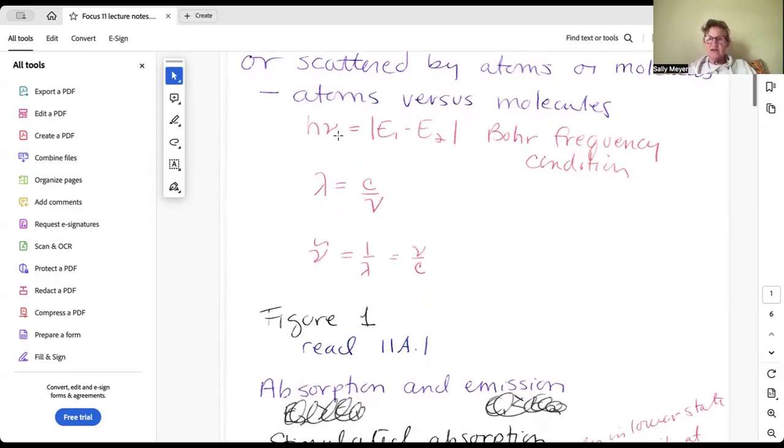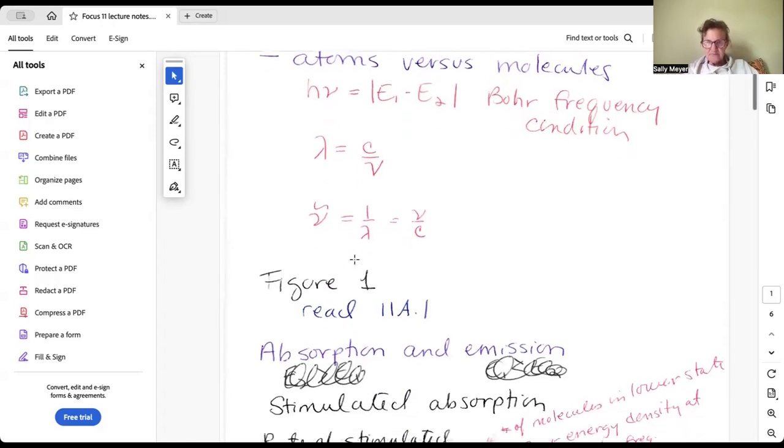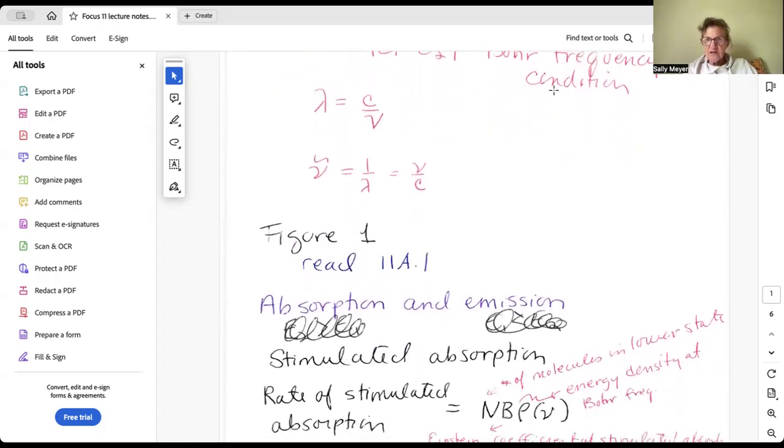So sometimes you talk about frequency, nu, sometimes you use lambda and you talk about the wavelength of light that's interacting with atoms and molecules. Oftentimes you use this thing called wave numbers, which are essentially 1 over wavelength. And you use that because 1 over wavelength is proportional to energy, just like frequency is. So most often you'll see wave numbers, nu tilde.